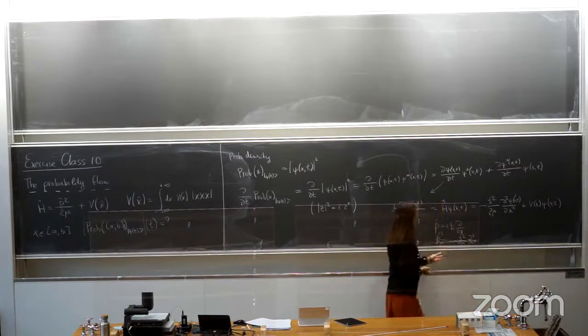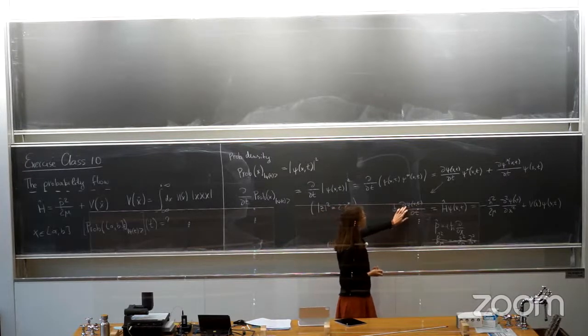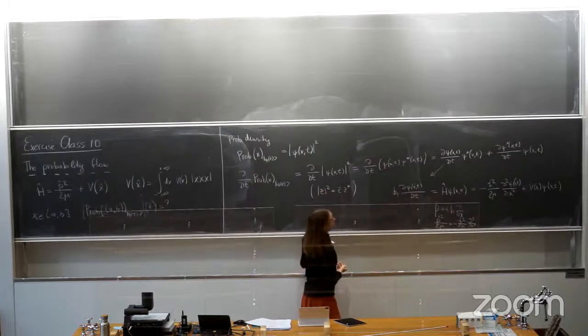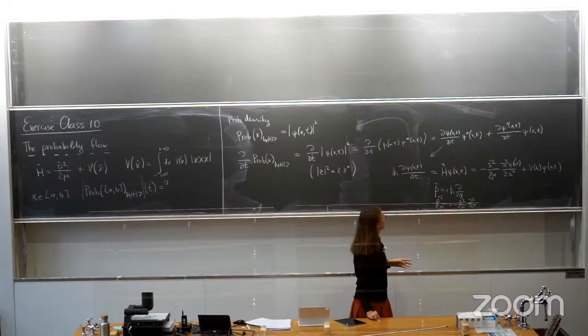Okay, so this was just the derivative of the ψ. Now we need to write the derivative of the ψ star, which we can get by just taking a complex conjugate of this equation.